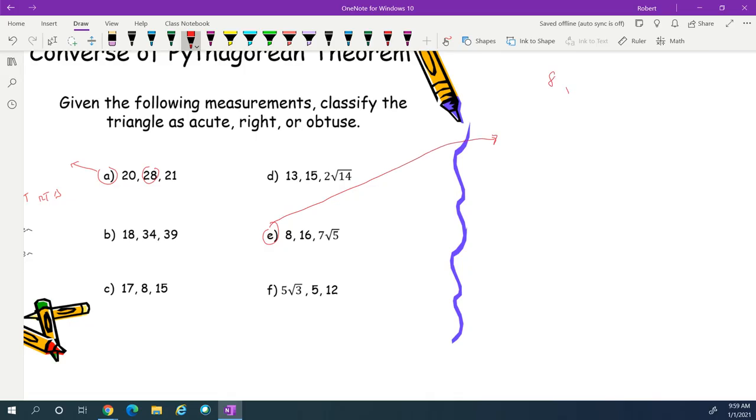Our numbers are 8, 16, and 7 root 5. So what I'm going to do is go to my calculator and find out what 7 times the square root of 5 is.